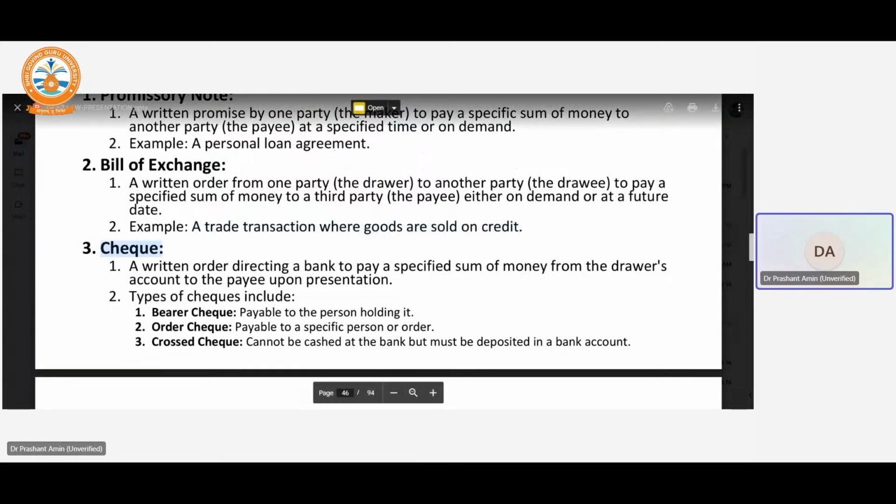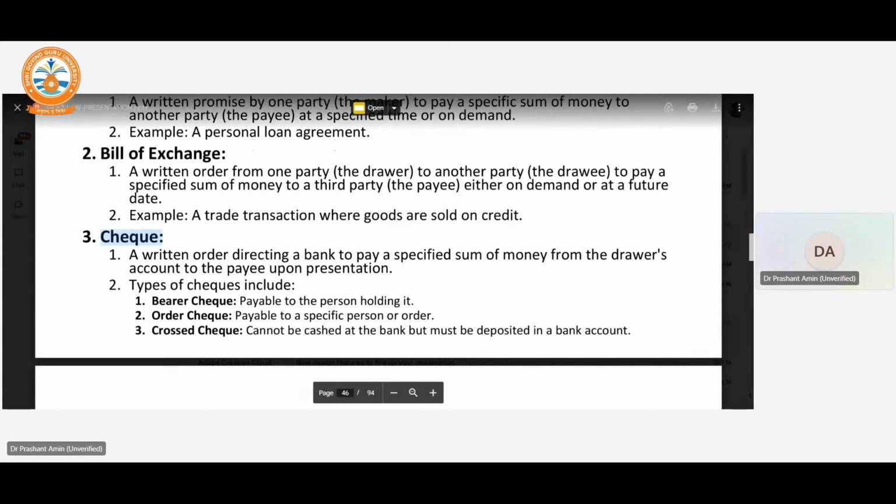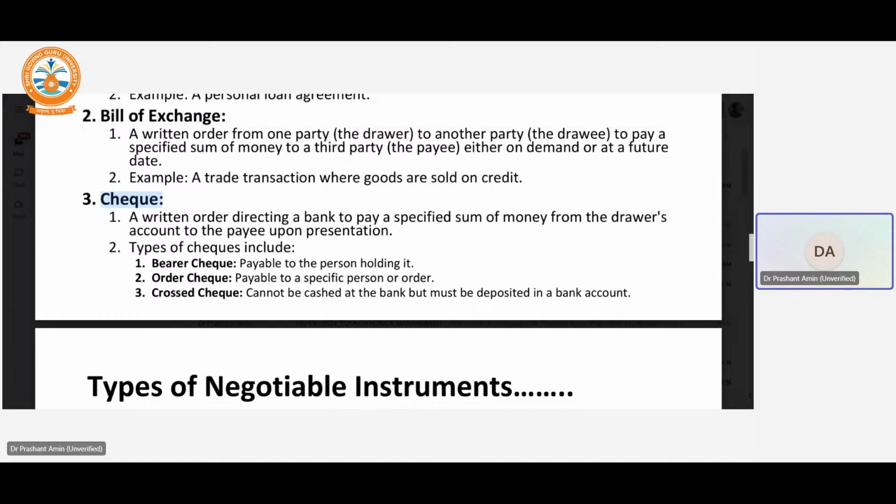The third negotiable instrument is a check. It is a written order directing the bank to pay a specific sum of money from the drawer's account upon presentation.